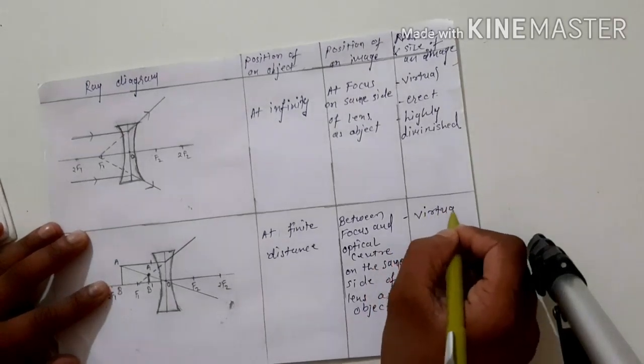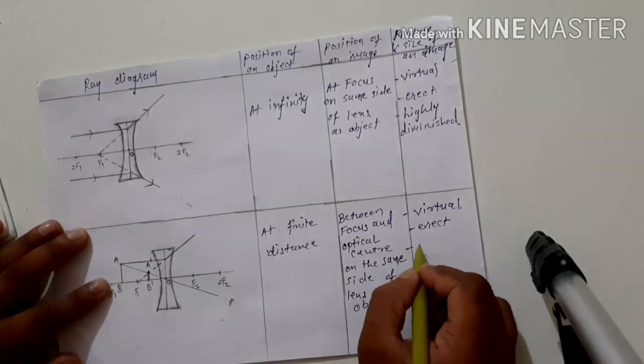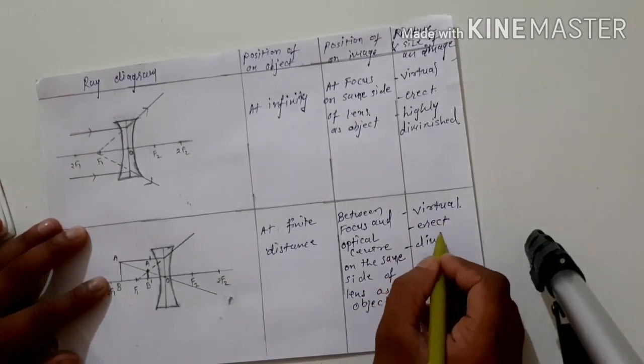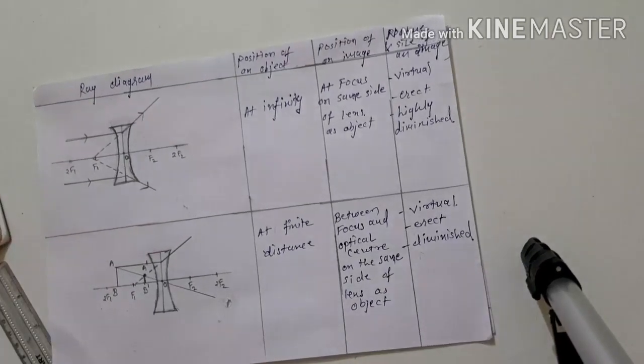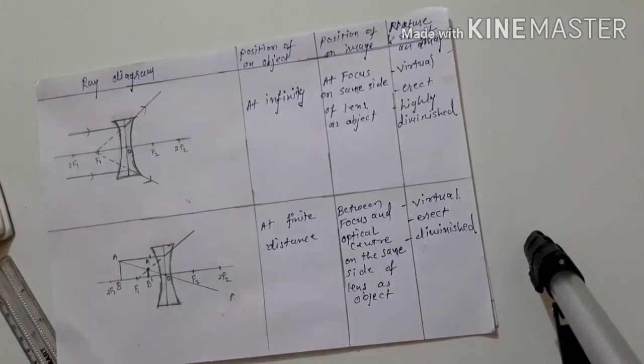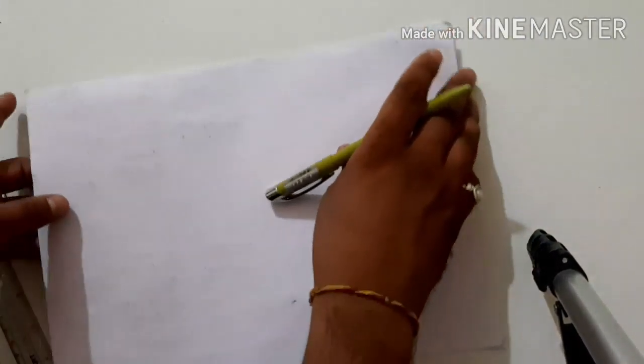It is virtual, it is erect, and it will be diminished. It is small in size than the object. So this will be image formation by a concave lens.